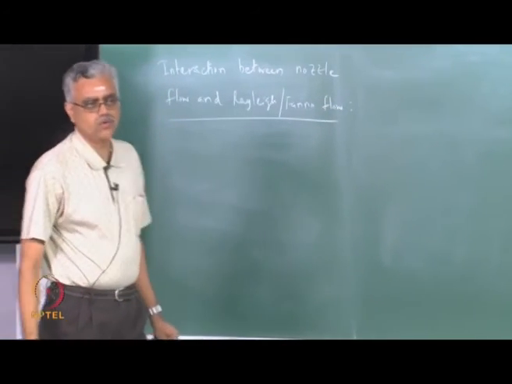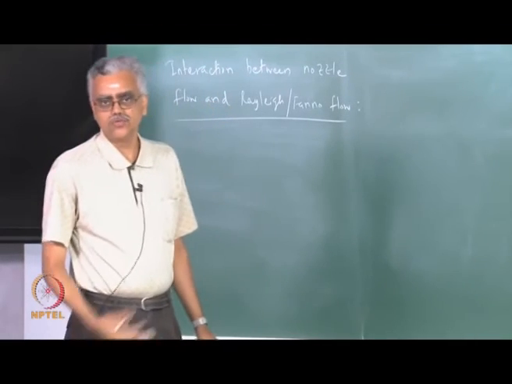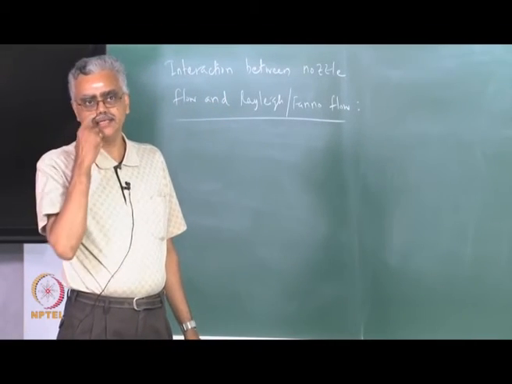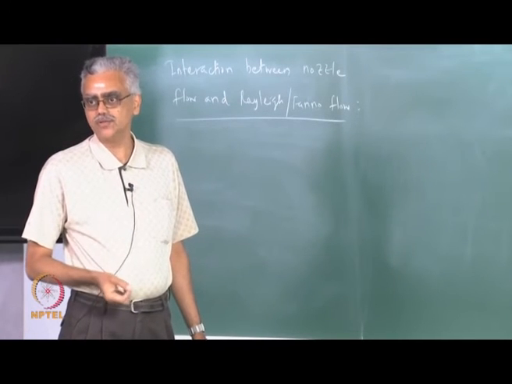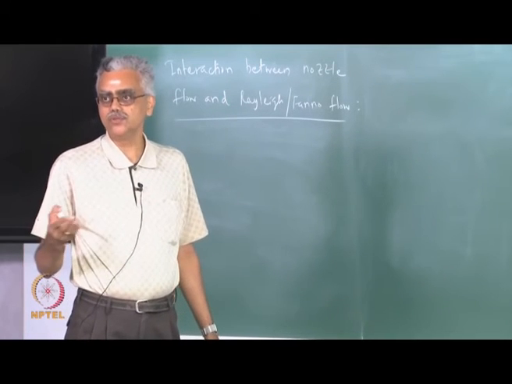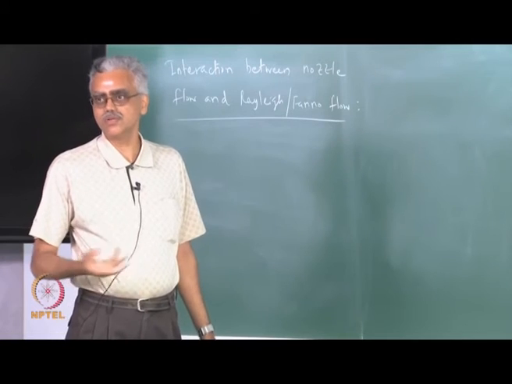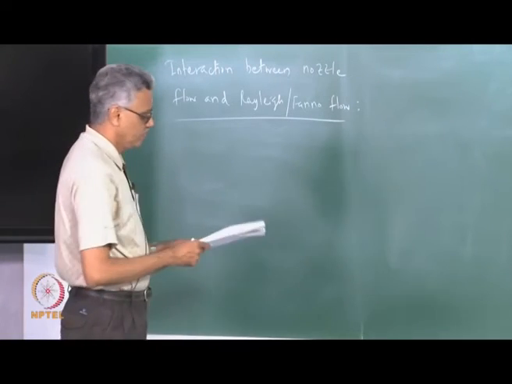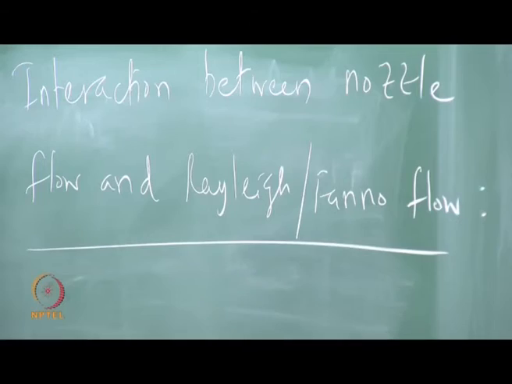Interaction between nozzle flow and Fanno flow is easy to see. So, we will do that, but the ideas and concepts extend in a straightforward manner to Rayleigh flow also, and we will try to do that through a numerical worked example. So, the concepts become clear. Okay. We will discuss the theory for interaction between nozzle flow and Fanno flow.